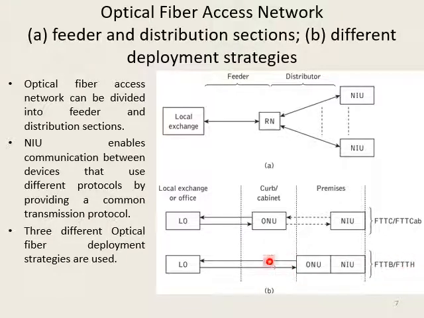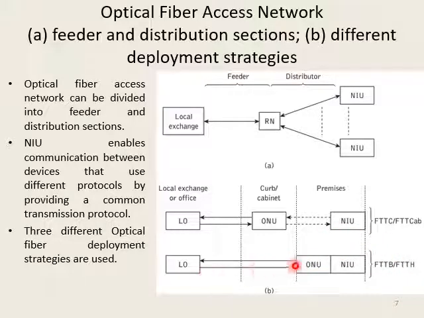But coming to the second section, where the deployment can happen with three layers of strategies, there will be FTTB and FTTH, that is nothing but fiber to the building and fiber to the home, where the ONU is located towards the home, the premises, or the building. That is the meaning, where the ONU is situated along with the NIU, very close to the user or premises end.